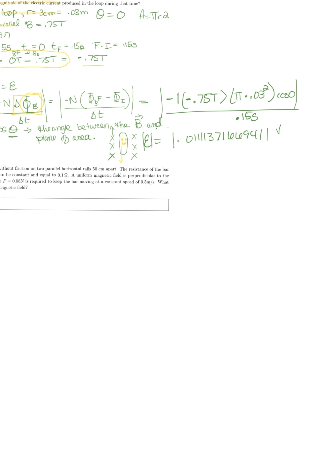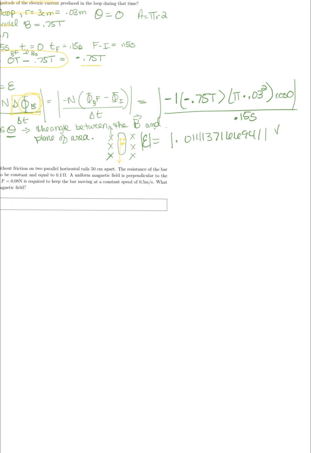That was actually given to us. All right, so let's put this in our calculator. Okay, and so I get that this equals a positive, but either way we're doing magnitude, of 0.0141371666941. This is going to be volts, remember, because this is our EMF.